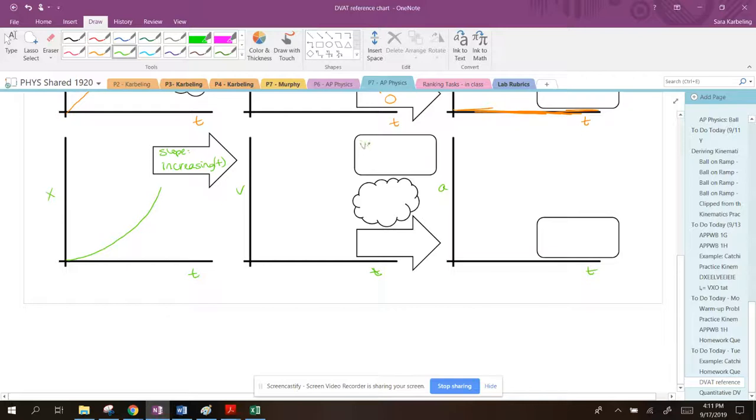Which means that the values of the velocity graph will be increasing and positive. Up we go. Okay. We look at this one, the slope is constant and positive, which means that the values here will be constant and positive.